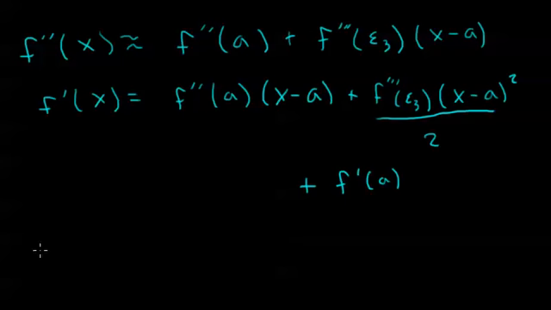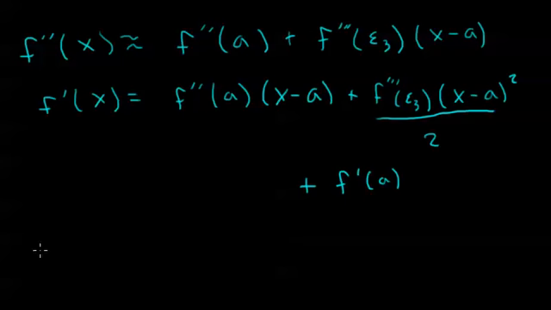Our third order approximation is f of x approximately equal to f of a, plus f prime of a, and this is our constant of integration in this final integration, f prime of a times x minus a, plus f double prime of a times x minus a squared over 2. So we get this factor of 2 from the integration here. We take this to x minus a squared, and we'd have to divide by 2.